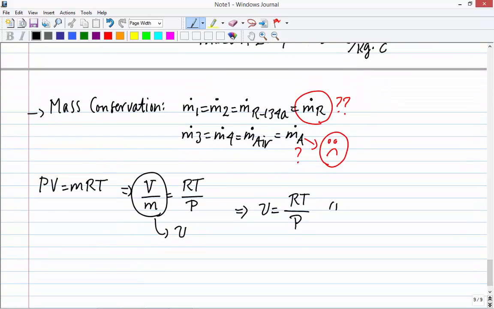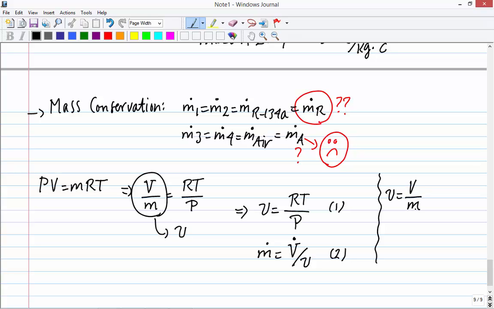This is equation 1. And according to another equation that you need to have in mind, it's easy: m dot equals the volumetric flow rate divided by little v. This is the second equation. And do you know why? Because check this out: little v equals volume over mass.